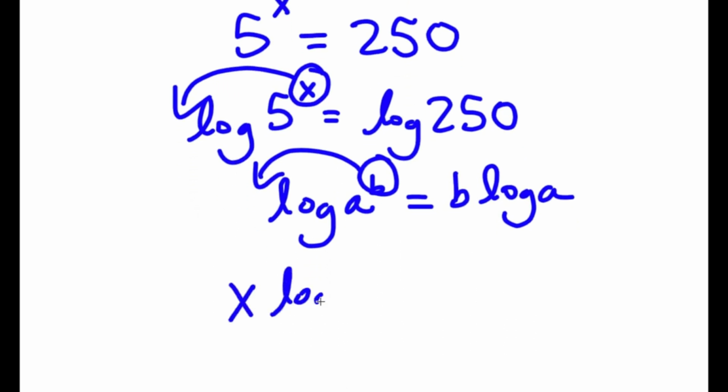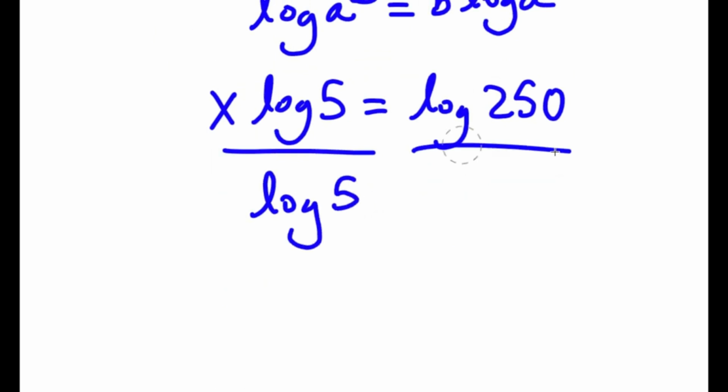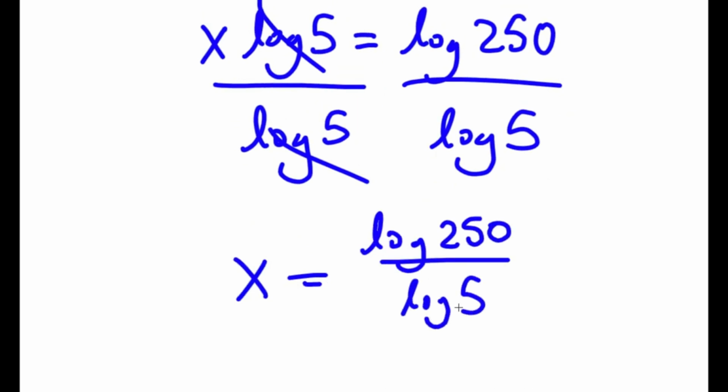So now I have x times log 5 is equal to log of 250. Now if I divide both sides by log 5, these two cancel out, and I get x is equal to log of 250 over log of 5.